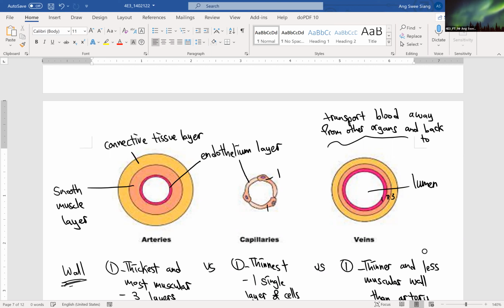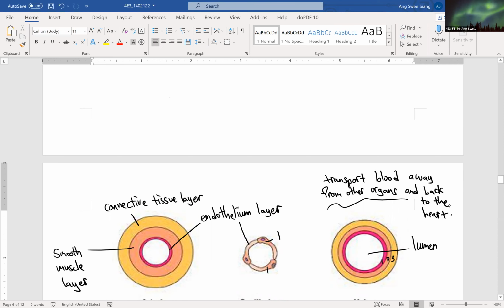So in general, the blood that is flowing inside veins, they have lower blood pressure, lower blood pressure than arteries. Okay, very good. Next, function of the artery.